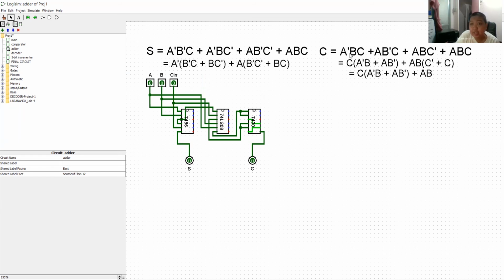For the carry, it is C ANDed with A XOR B, or with A and B. So here is the circuit for the full adder.